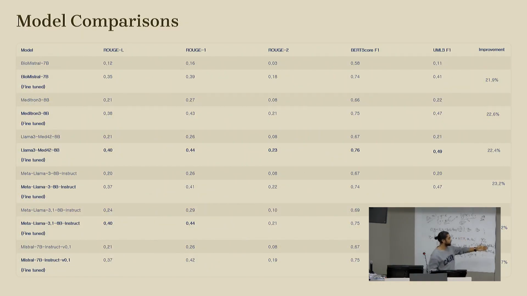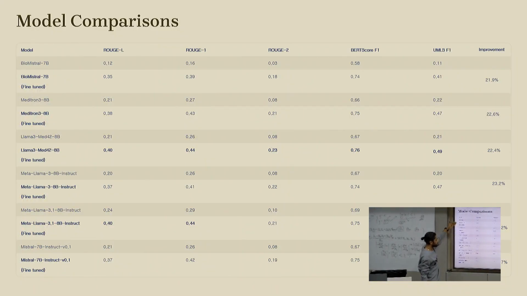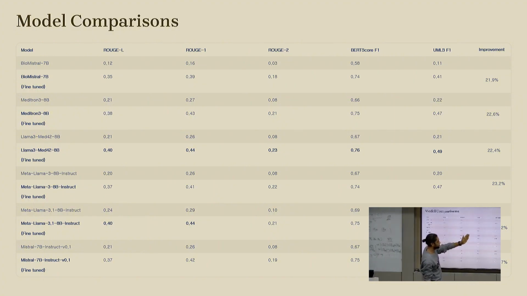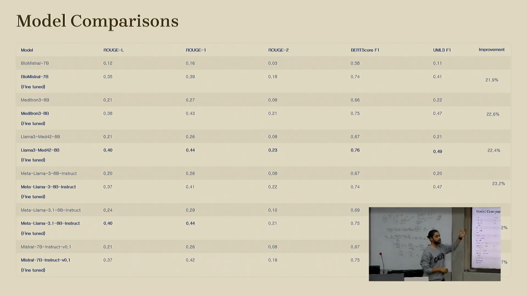This is the final comparison between the baseline and the fine-tuned model. You can see it's about an overall 22% increase in accuracy. The highlighted is the fine-tuned version and the normal font is the baseline version. So you can clearly see I got more than 20% accuracy improvement.